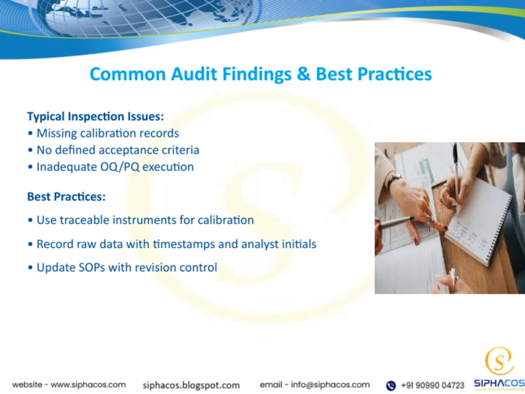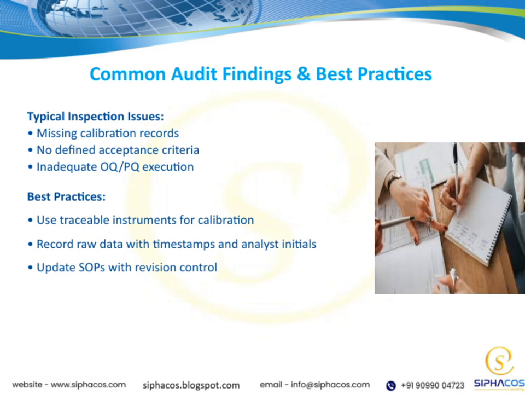Now, on the flip side, there are several best practices to address these issues. First, always use traceable instruments for calibration. This ensures you can verify instrument performance over time. Second, it's crucial to record raw data meticulously, including timestamps and analyst initials, to maintain a clear audit trail.